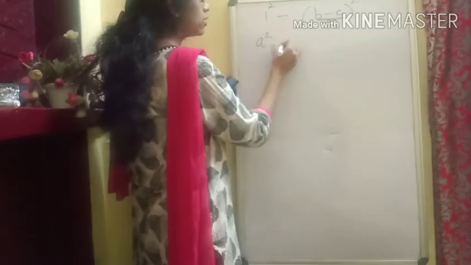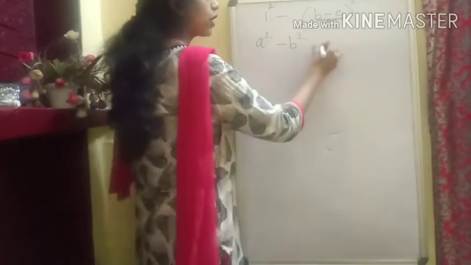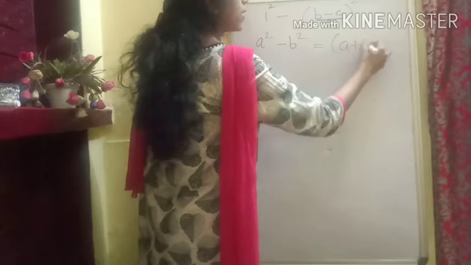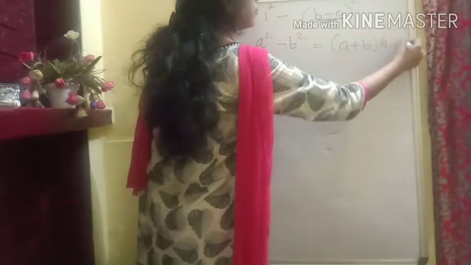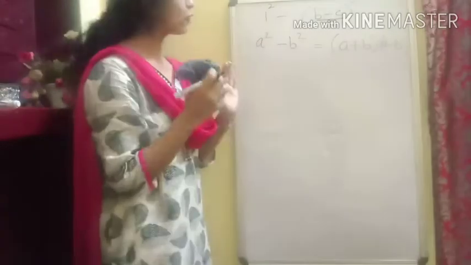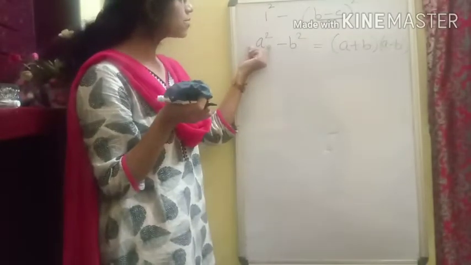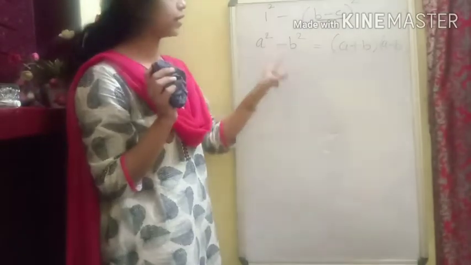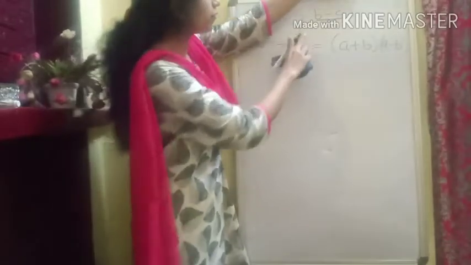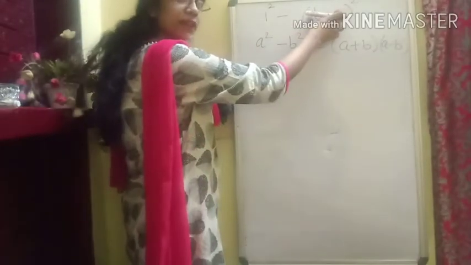So when you compare, if I write the identity so that you see, it is a square minus b square, and the identity is a plus b and a minus b. So I have compared once more. If you see, a is 1, and what is b? At the place of b we will write this whole thing, b minus c.